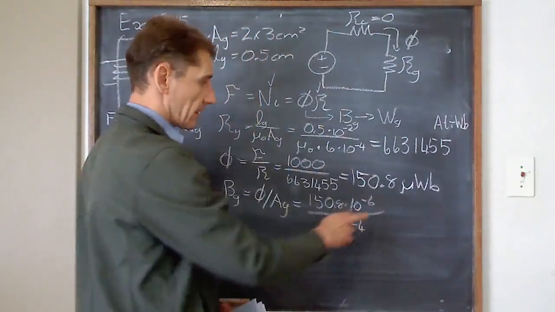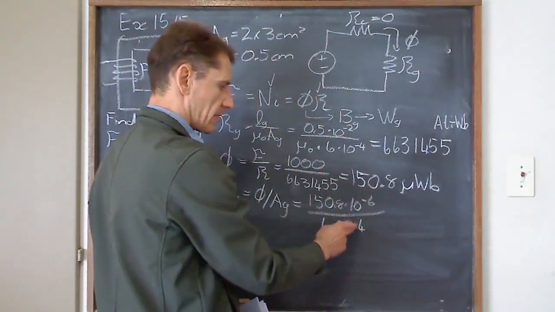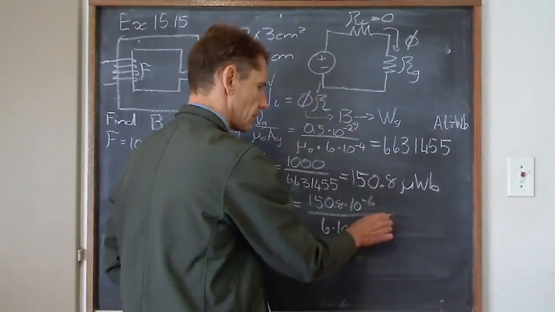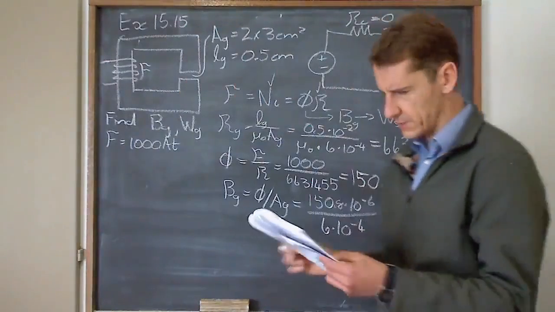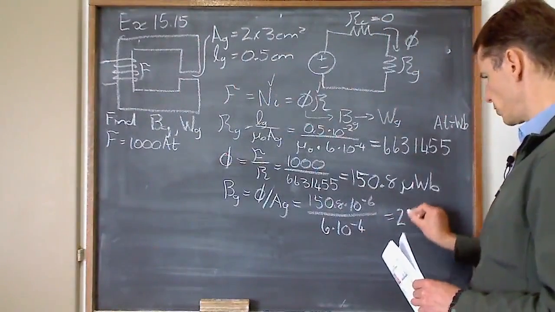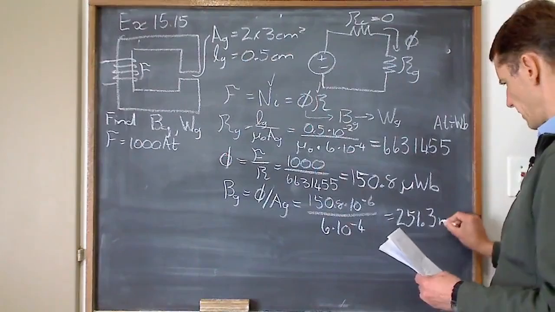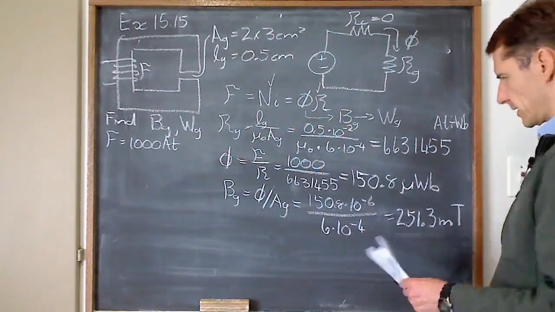You see I'm including the minus 4 because it needs to be in square meters. And that gives me a flux density of 251.3 millitesla.